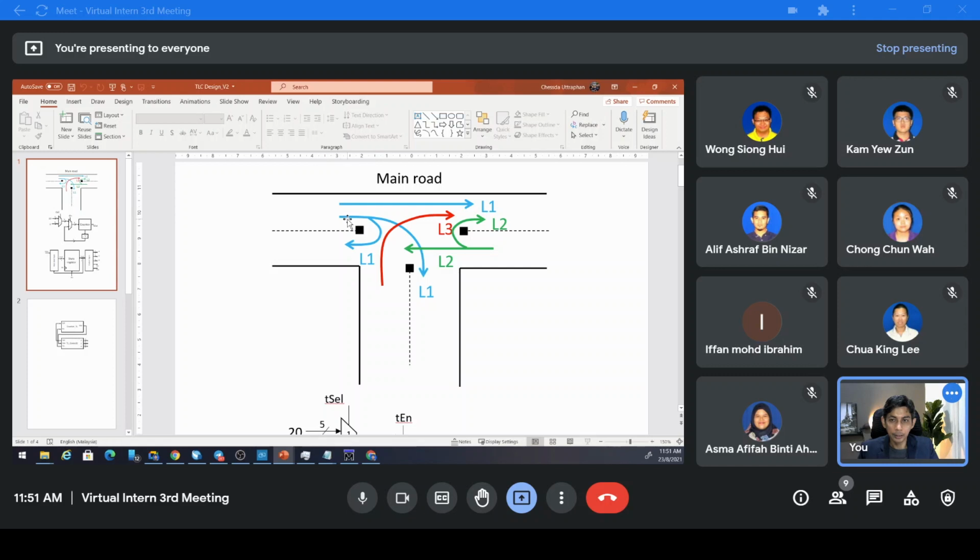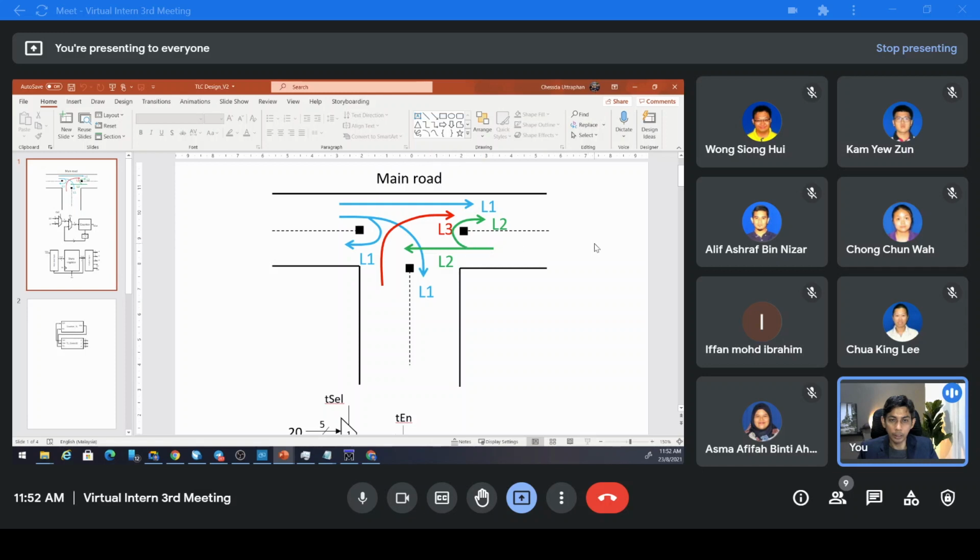So let's look at a very simple sequence first, where we have only three traffic lights. For this flow we call it L1, for this flow we call it L2, and for this flow we call it L3. The first flow, L1, is from, for example, Kluang to Batu Pahat, and for U-turn and for entering UTHM.